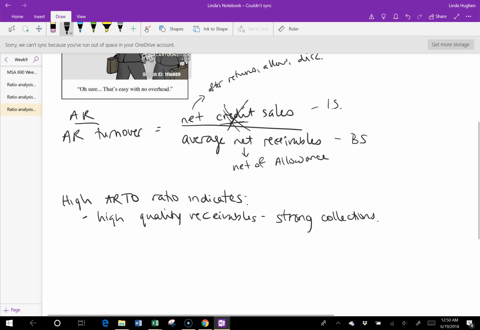If we're using net sales in the numerator, as we are when taking the perspective of an investor or creditor outside of the company, it could mean that not many of the sales are on credit.